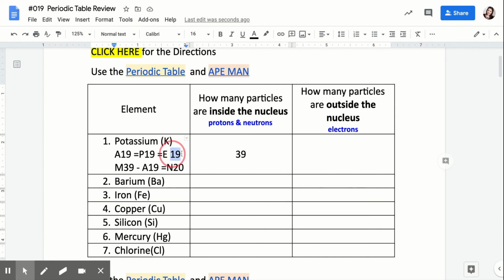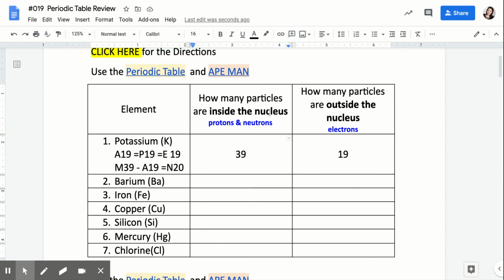Well, we got 19, so here you're going to type in 19. Now, I'm hoping that you're going to notice that the particles inside are always going to be equal to the mass number.